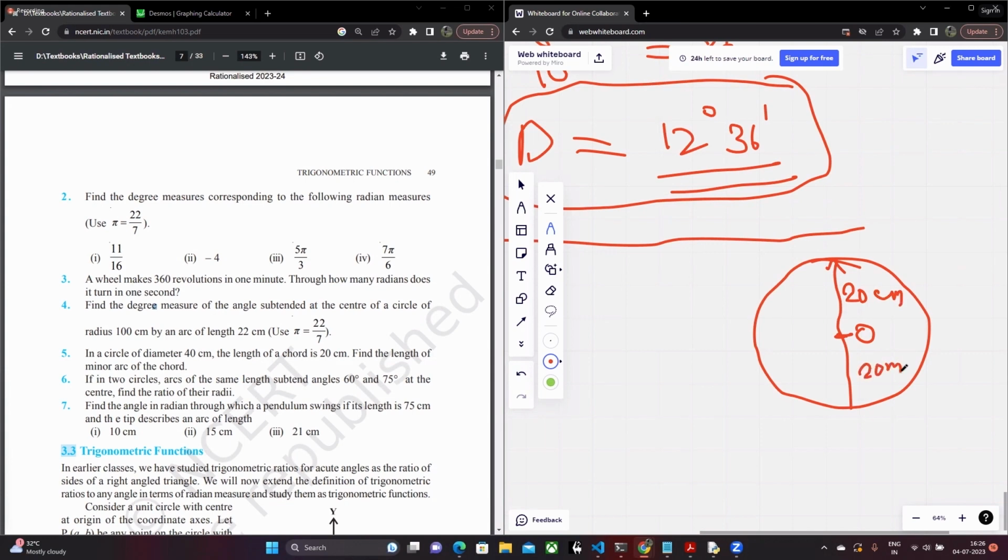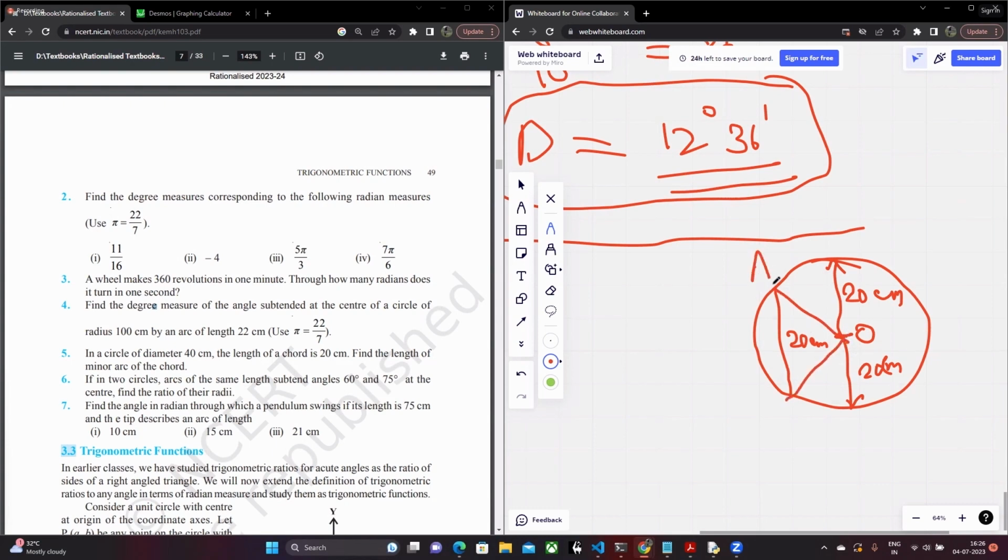This radius is also 20 centimeters, and you have a chord of length 20 centimeters. I'm drawing this parallel because it does not really matter. The radii can be drawn anywhere.